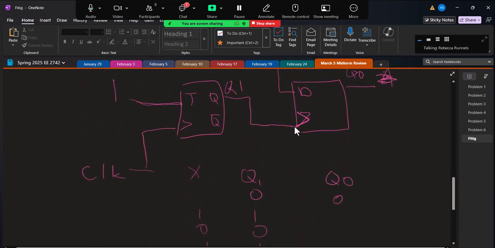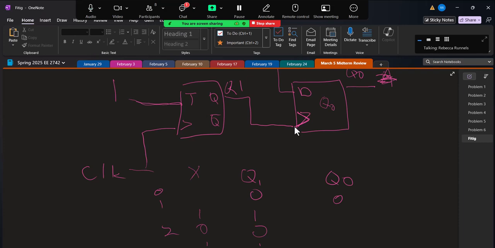So when we started, Q1 was 0. Q1 is the input into the clock for Q0. So Q0, which is right here, is not going to do anything until its clock input goes from 0 to 1. Well, look what happened at step 1 here.